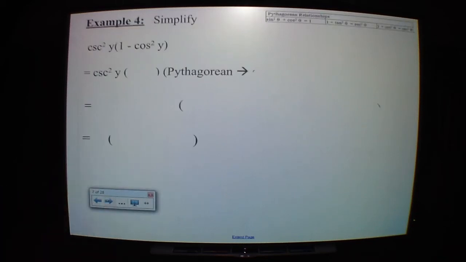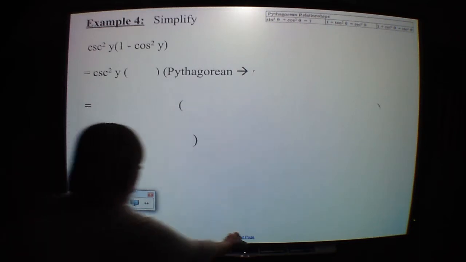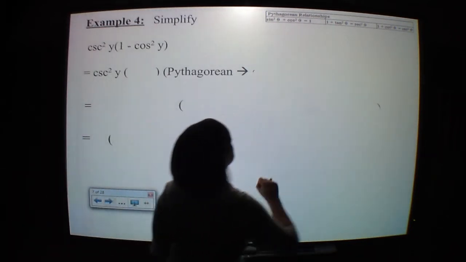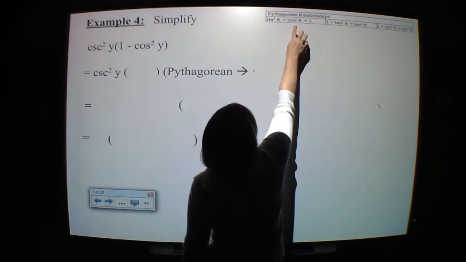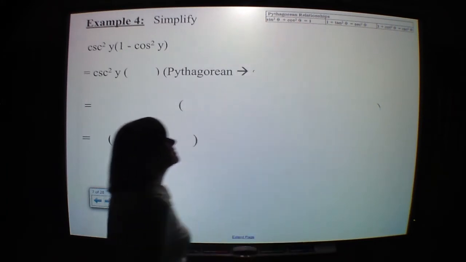Next one, simplify. Cosecant of y times 1 minus cosine squared of y. I hope you know that 1 is equal to sine squared plus cosine squared. So if I take this first Pythagorean relationship, I could write it as sine squared is equal to 1 minus cosine squared, or cosine squared is equal to 1 minus sine squared.